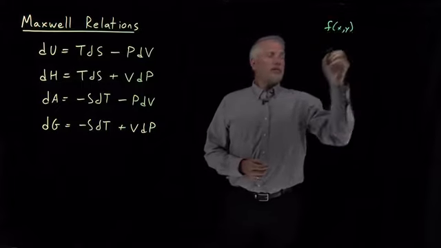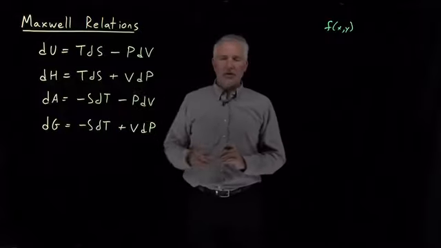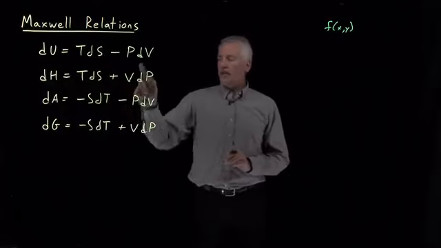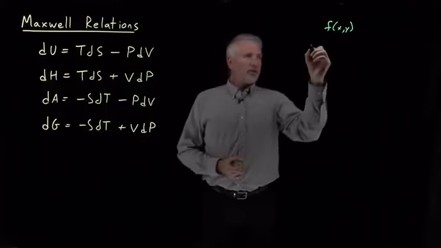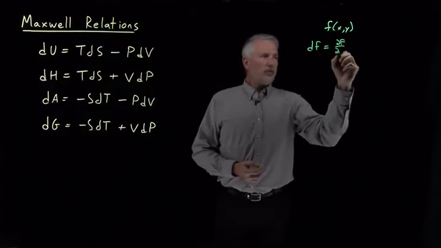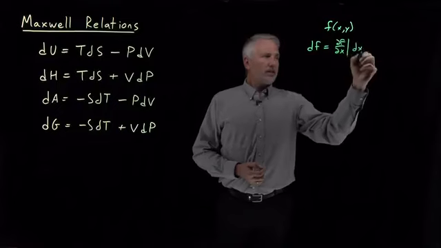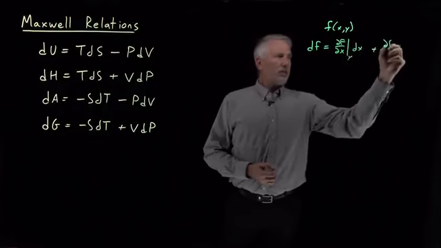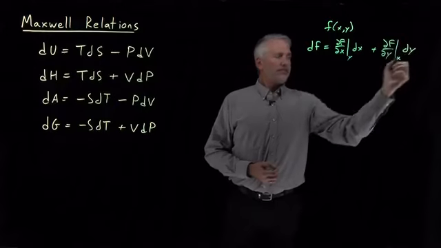Going back to this basic example of a two-dimensional function. If we think of these energies as functions of their natural variables, S and V or T and P or whichever, any function of 2 variables, we've used multiple times the idea that we can write down the differential as df = (df/dx) dx + (df/dy) dy.